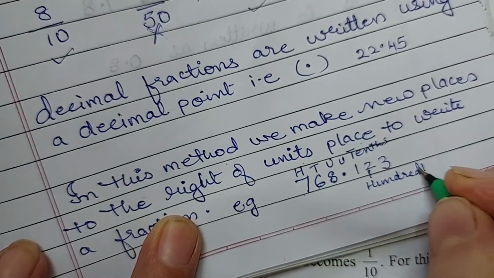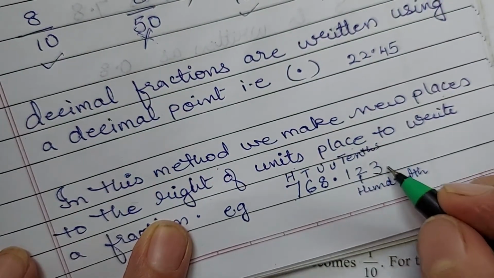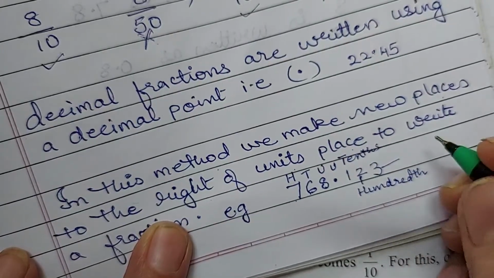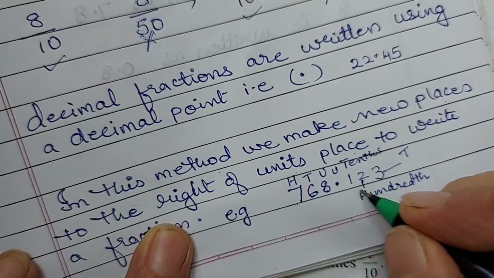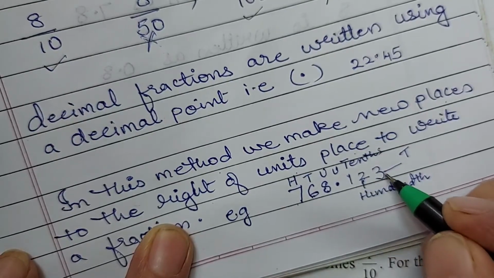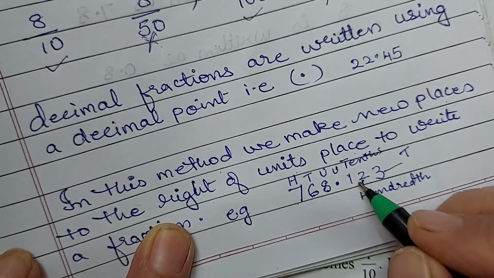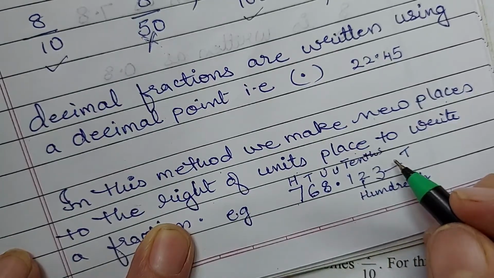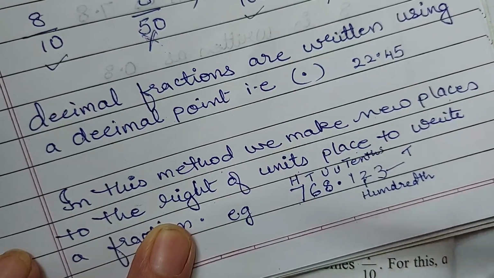So you have to add T-H to it, hundredth. In the same way this becomes thousandth, right? So this is tenth, hundredth and thousandth. Understood, children? The number increasing towards the right hand side is because of the decimal point.